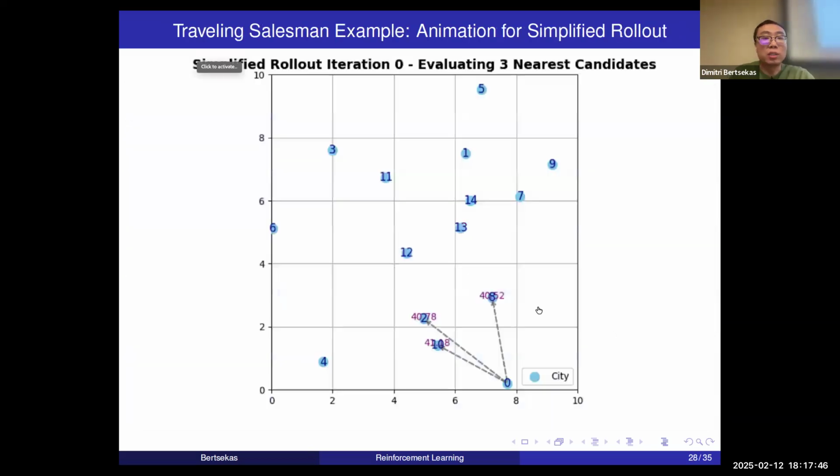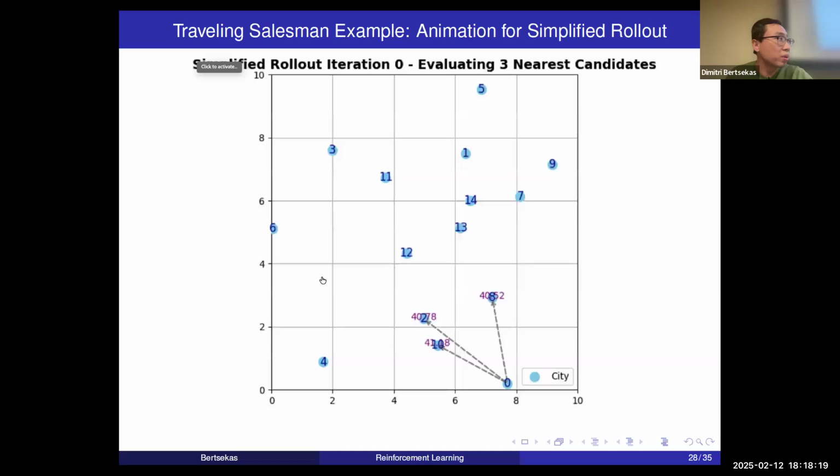Okay, let's go back to this traveling salesman example and give you an idea how the simplified rollout can be applied. Recall that I mentioned earlier that in the initial phase, starting from city 0, the exact rollout needs to look at all the possible next cities, which is 14, and starting from any of the 14 cities, run the base heuristic, which is the nearest neighbor heuristic, and compare their Q factors and so on.